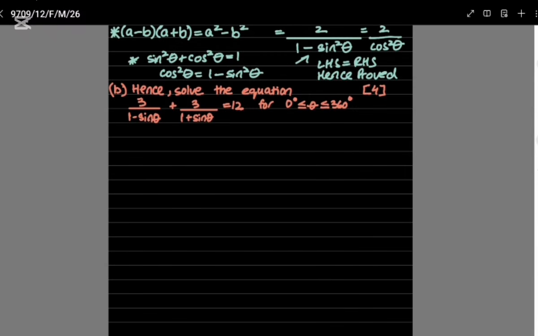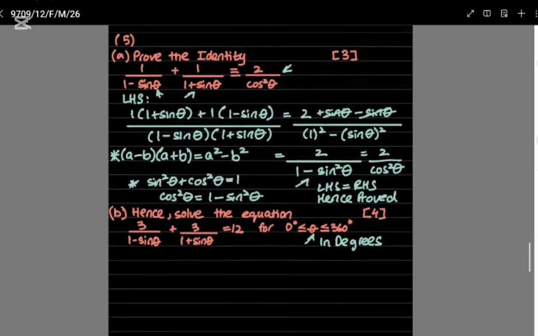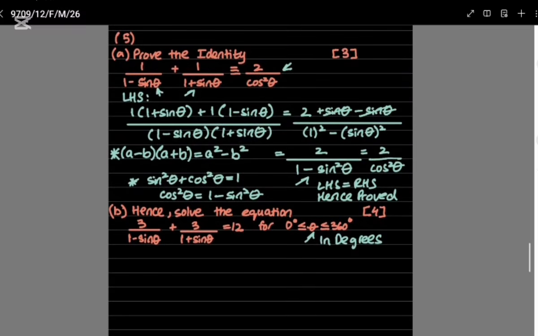Hence solve the equation 3 over 1 minus sine theta plus 3 over 1 plus sine theta equal to 12 for theta in between 0 and 360. What does this mean? Calculator should be in degrees, not in radian anymore. Now in part A, the problem is, over here in the numerator we have 3.